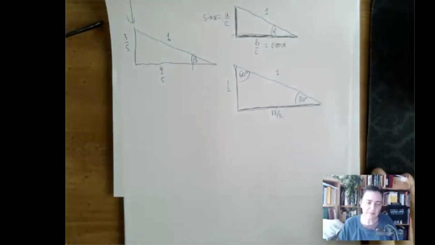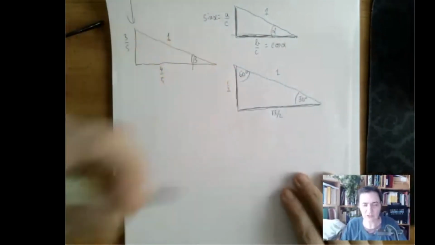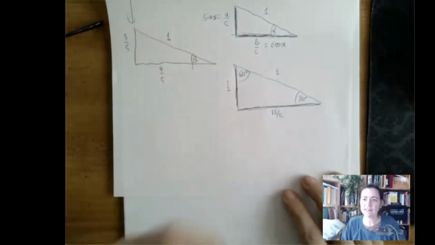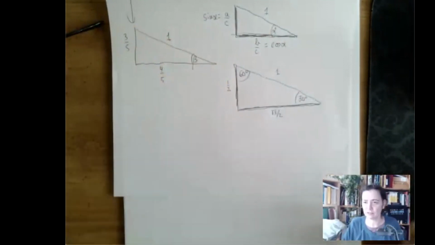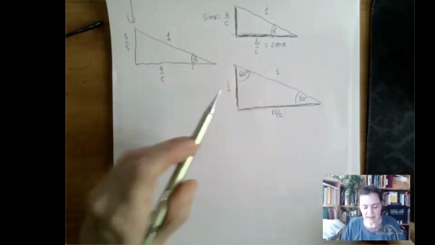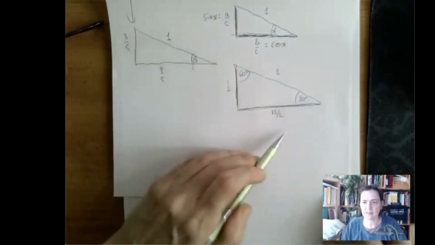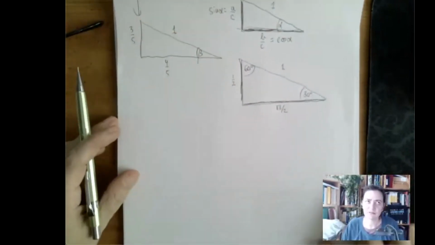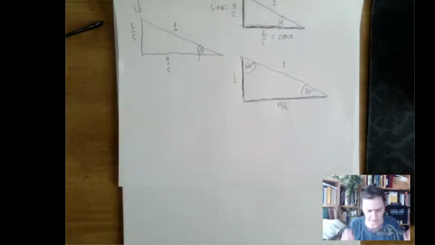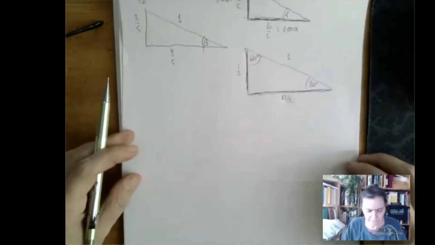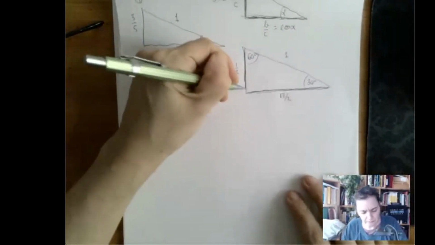All you've got to remember about this triangle is that the obviously shorter side is half. The obviously longer side is that root 3 over 2. And they are obviously opposite the 30 and opposite the 60, correspondingly.